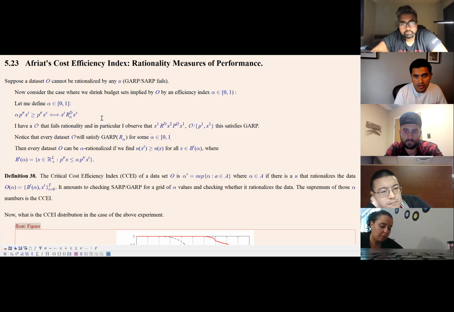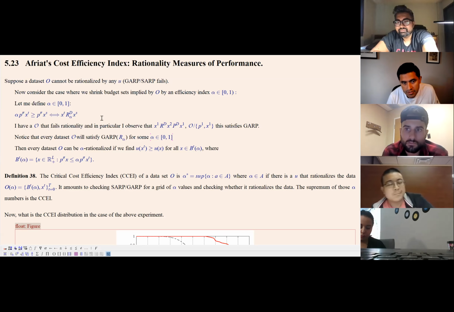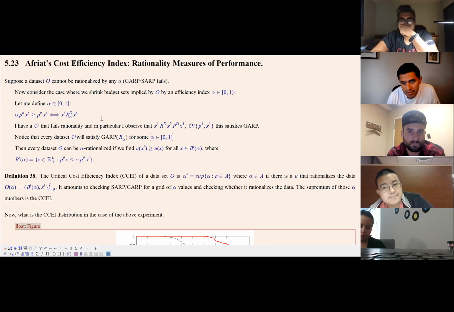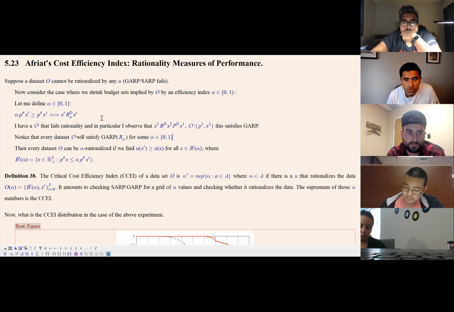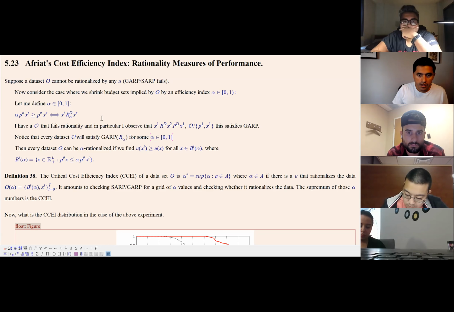Because you can always take 0 to be the alpha, and then every data set satisfies GARP, because there is no revelation. It turns out that the empty revealed preference relation is acyclic. Just check the definition. Nothing is revealed to anything, therefore the premise is always false, so the conclusion is always true. This is typically vacuously satisfied. So the empty relation is always satisfied. In other words, when nothing is revealed, you can construct any utility function, okay? Got it?